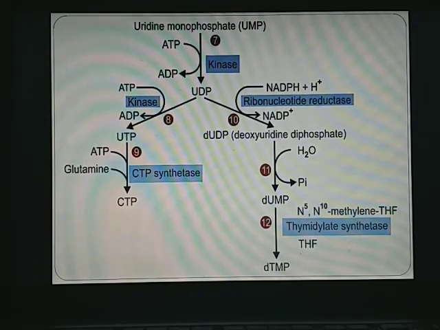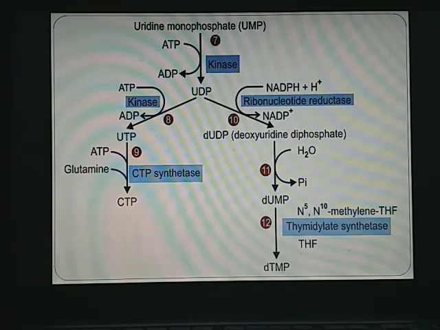Uridine triphosphate is then converted to cytidine triphosphate by taking an amino group from glutamine in presence of enzyme CTP synthase. Uridine diphosphate can be converted to deoxyuridine diphosphate in presence of enzyme ribonucleotide reductase, which reduces uridine diphosphate to deoxyuridine diphosphate.